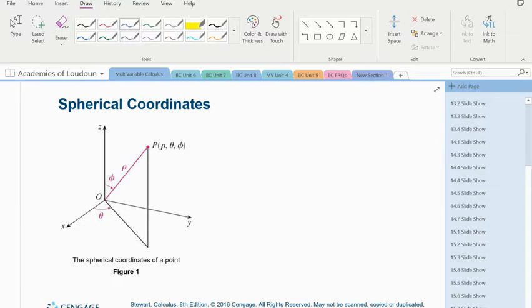The spherical coordinates (rho, theta, phi) of a point P in space are shown in Figure 1, where we define rho as the magnitude of the line from the origin to point P, and rho is therefore the distance from the origin O to P. Theta is the same angle as in cylindrical coordinates, measured from the positive x-axis in the xy plane.